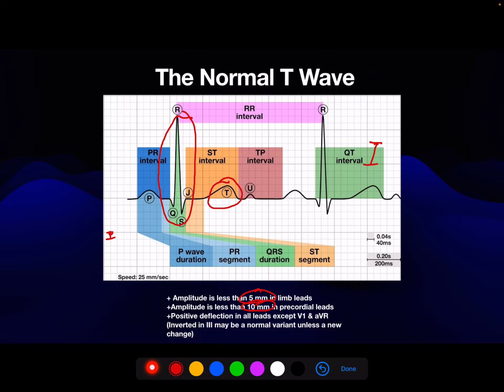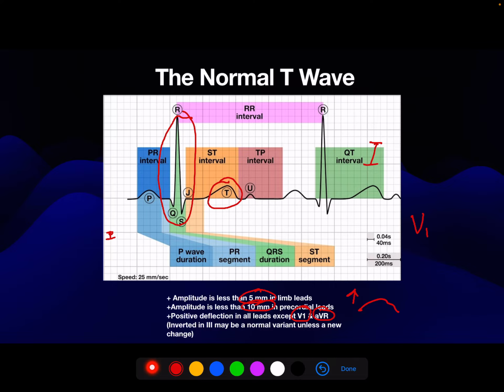The T wave should have positive deflection, so that is deflection that goes above the isoelectric line. It deflects up in that direction, and you should appreciate this in every lead except V1 and aVR. And so this is a really good gestalting mechanism where when you look at a 12-lead ECG, you can just go to V1 and look at the T-wave morphology in V1.